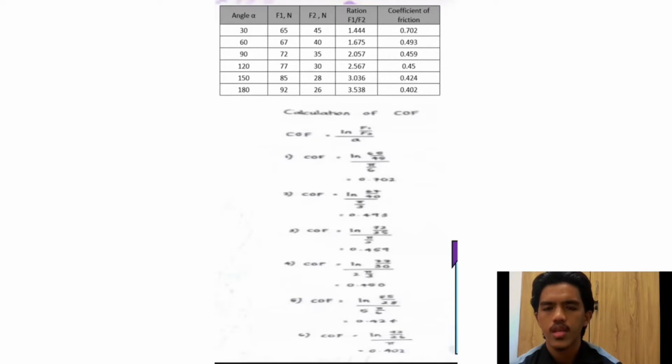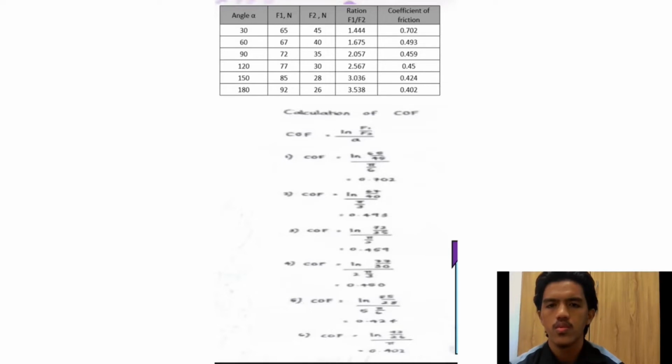To make the calculation easier, we turn the angle from degrees into radians. The ratio force we get from the data we collected after running the experiment. So we use the formula ln of the ratio force divided by the angle.